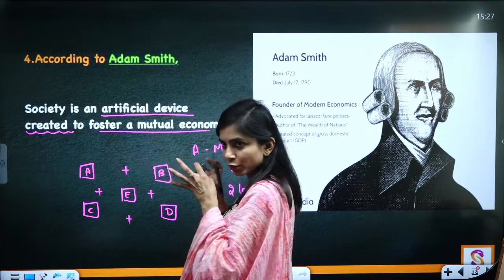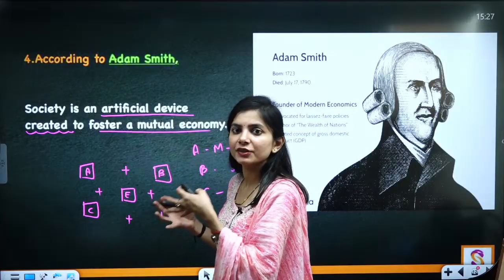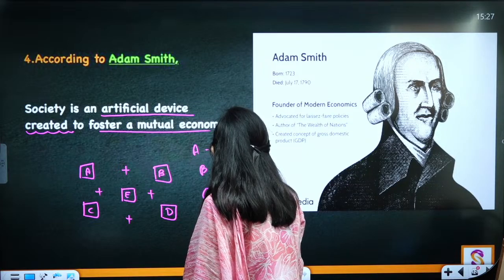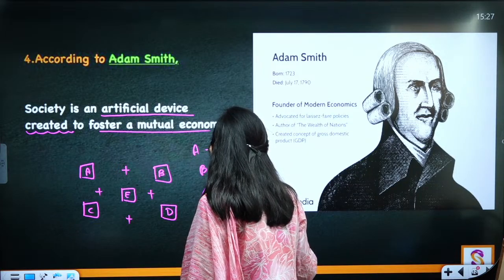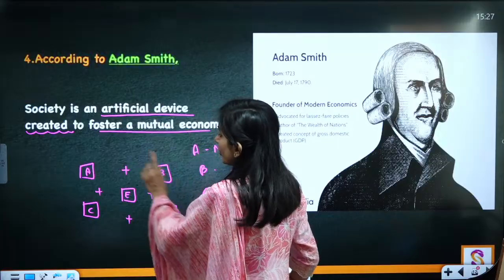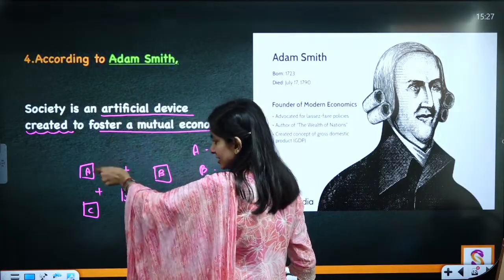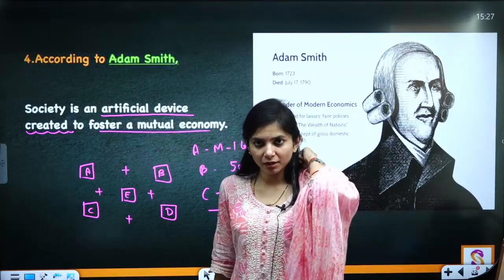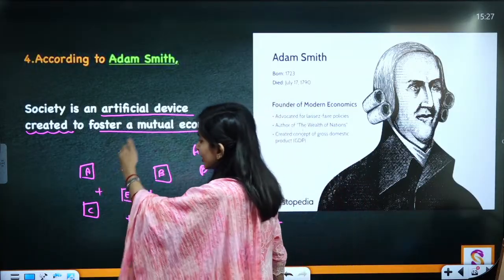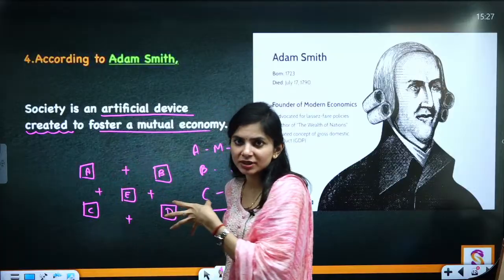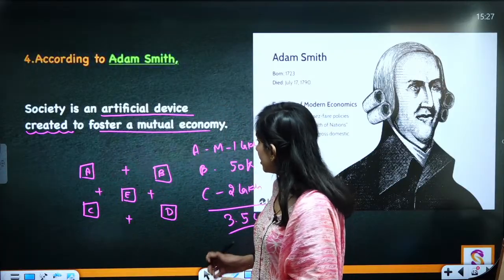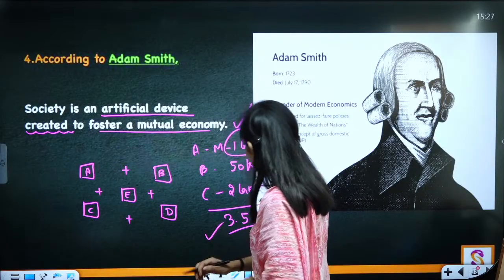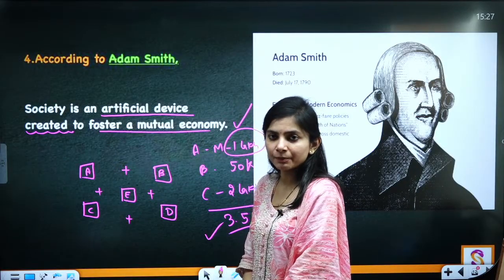It means for the effectiveness of the farming, they require around 3.5 lakh. Now, 3.5 lakh invested by every single farmer is not profitable. But if they join hands and share their tools and machineries, then A, with only 1 lakh, can take the benefit of 3.5 lakh of machinery.